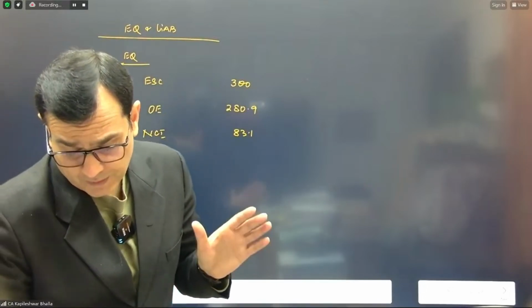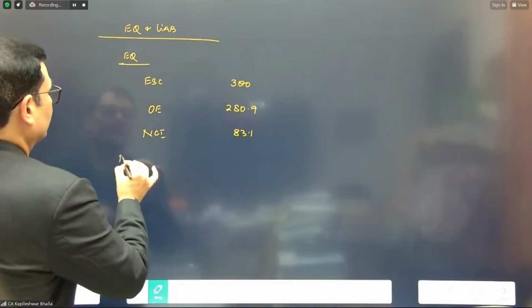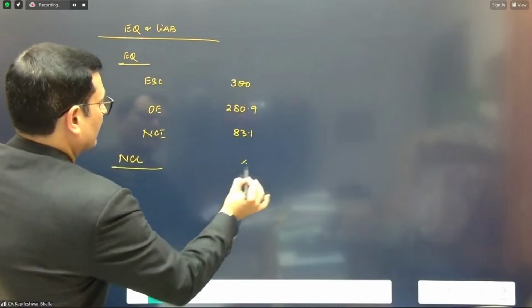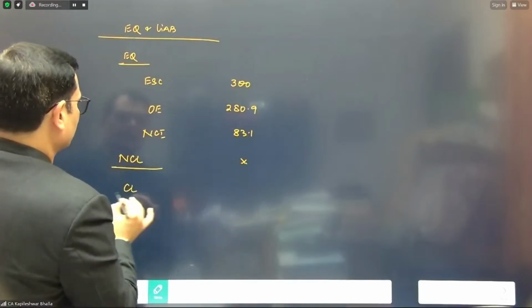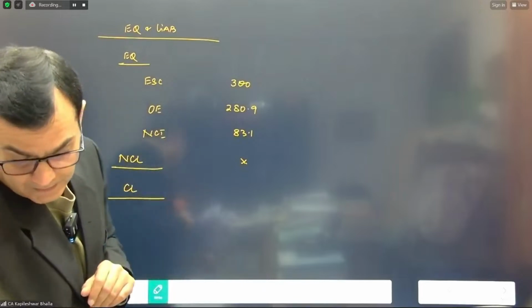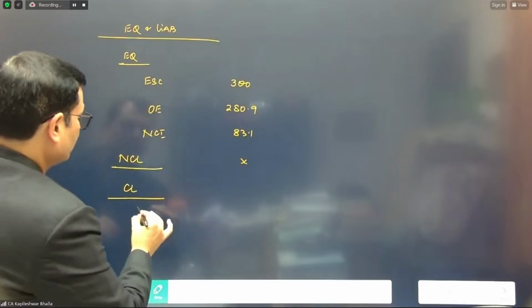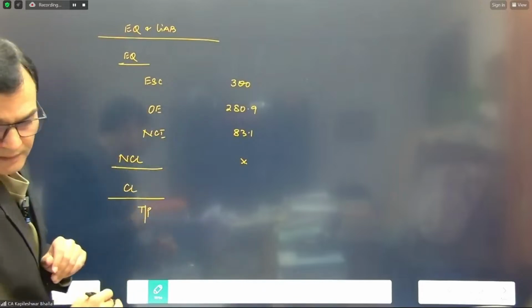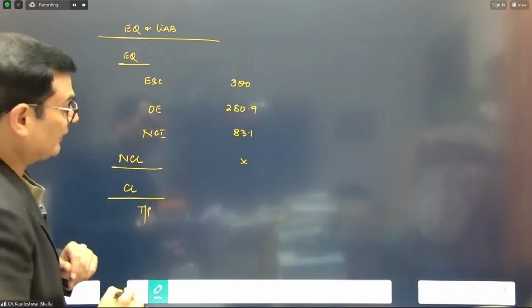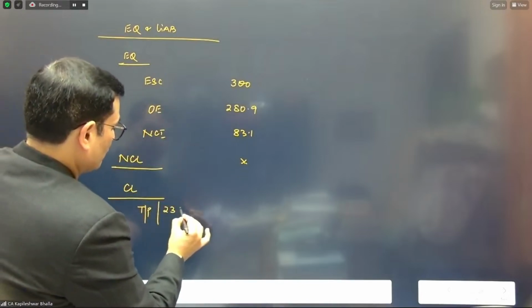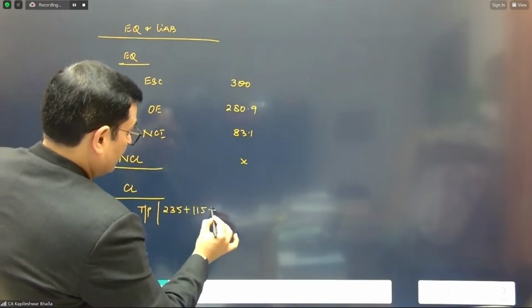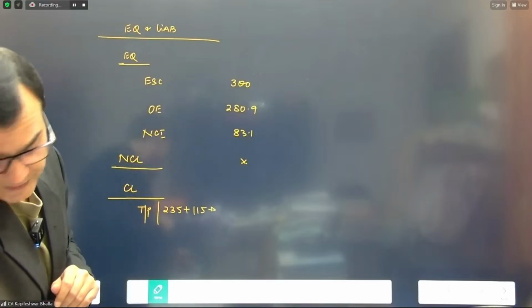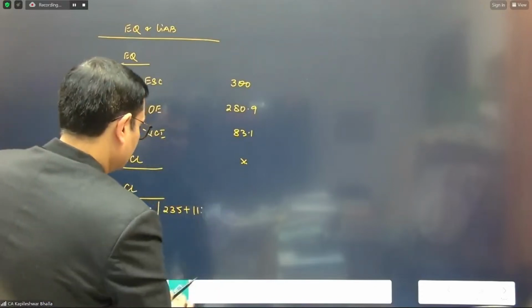Then there are no non-current liabilities given. So no NCL. And we are given the current liabilities as well. For the current liabilities, we are given the trades payable. And this is 235 plus 115, and that's to the extent of 90.